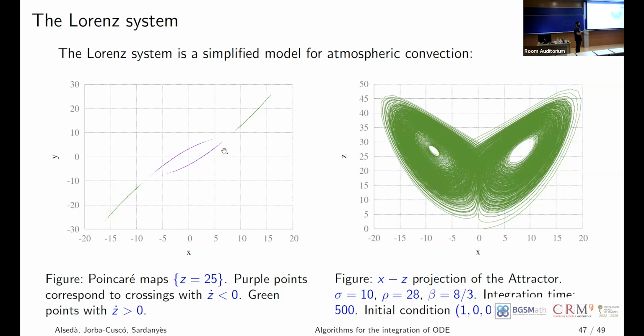So there are two Poincaré maps here, and this is strange, and you can see it, because when you cut this Poincaré section you have something which resembles a curve. So the geometry is not trivial.